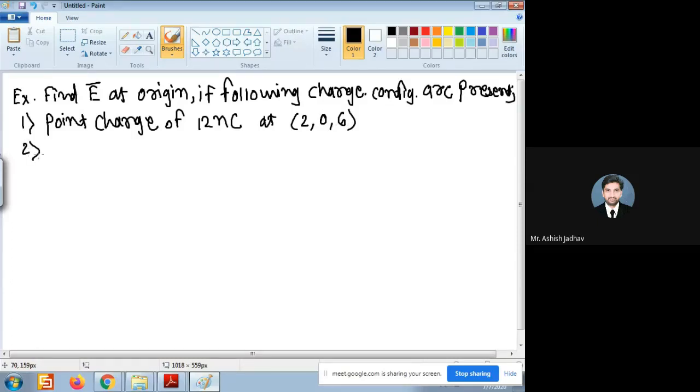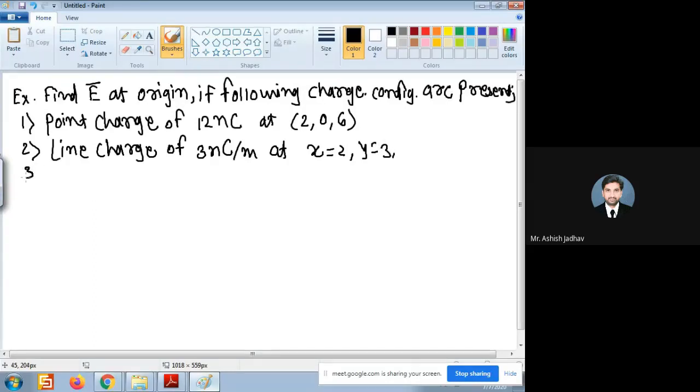Second charge configuration is that you are having line charge of, let's say, 3 nanocoulomb per meter at x is equal to 2 and y is equal to 3, right?